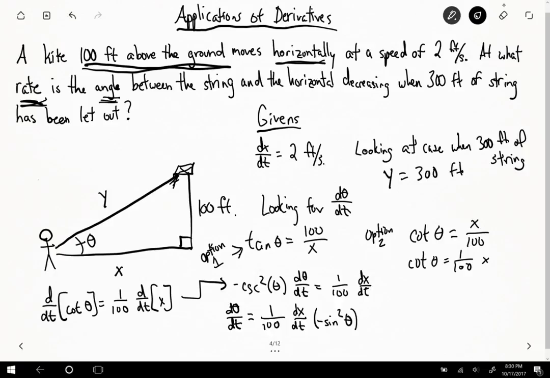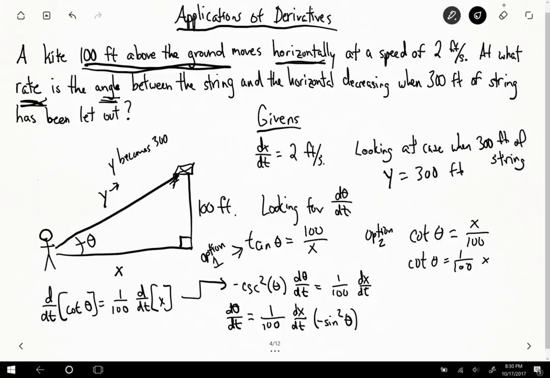Now you might say, well, wait a second. How do we know what sine squared theta is? And the answer is right in here. We have the fact that y equals 300. So y becomes 300.